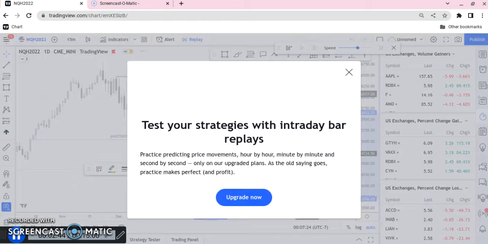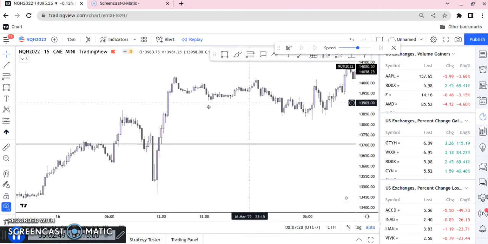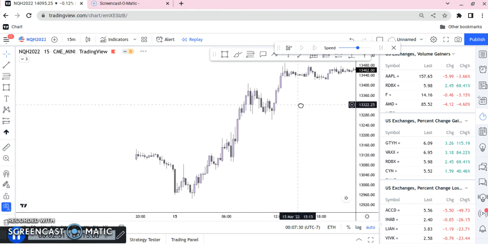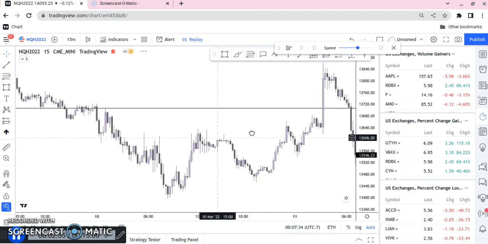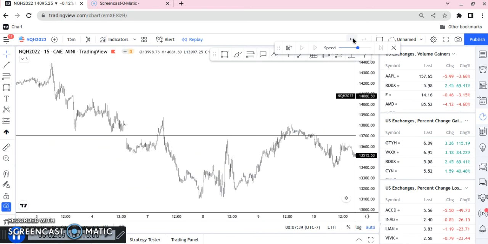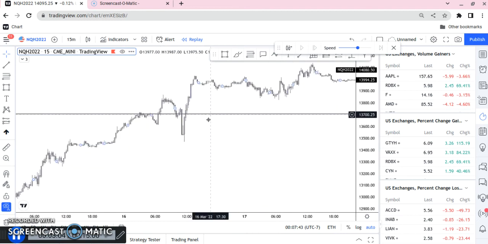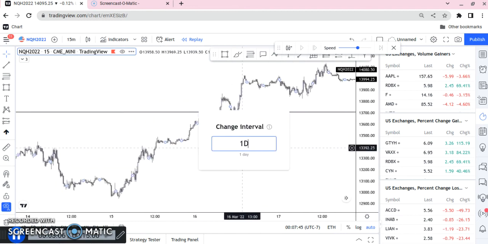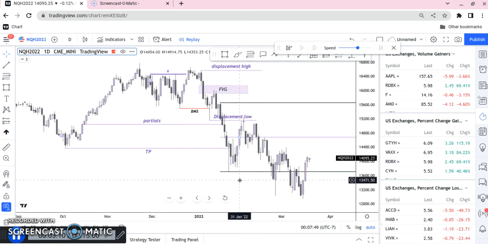And what you can do is another way of furthering your analysis for more higher probability trades. You can, let's see, let's go back, sorry. I think I have it right here still. Nope, I don't.